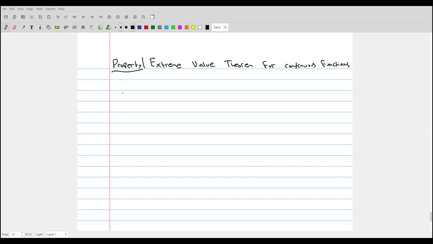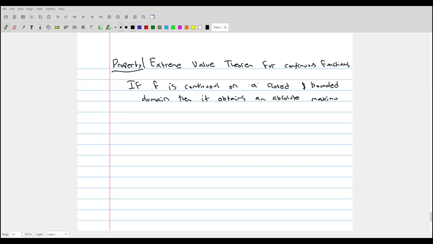And this says the following: if f is continuous on some closed bounded domain, then it attains an absolute maximum and minimum value on the domain.